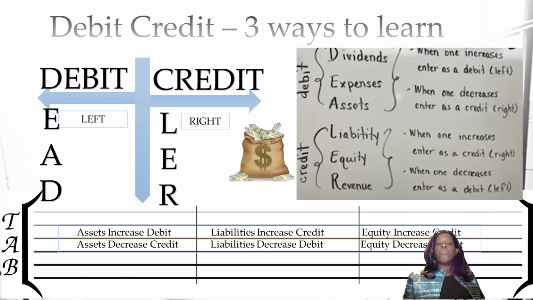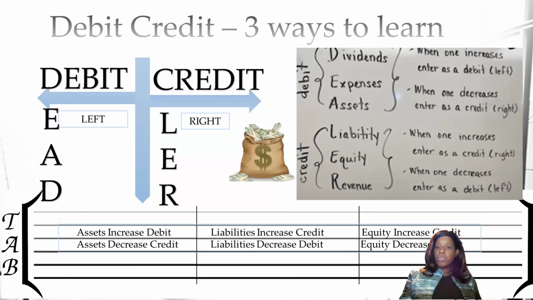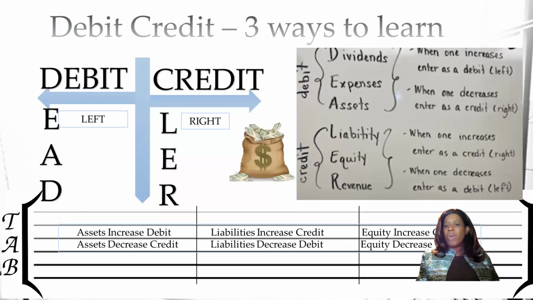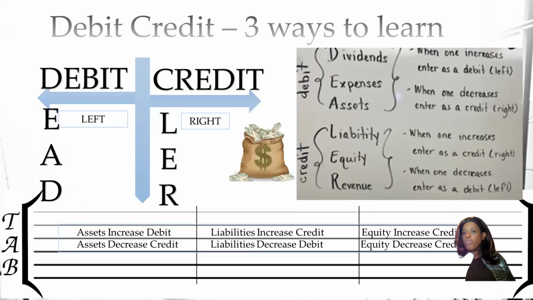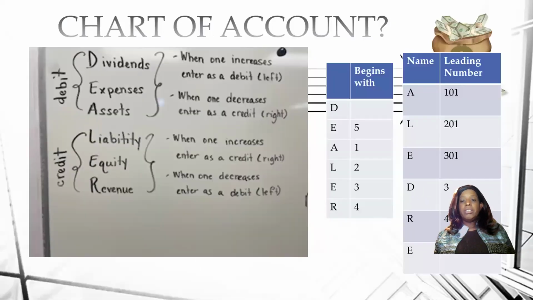But in the old way of learning it, we say assets increase with a debit, assets decrease with a credit, liabilities increase with a credit, liabilities decrease with a debit, equity increases with a credit, equity decreases with a debit. So each person may want to learn this any way they choose. But most of us will do what? Make notes. Everyone makes notes when they're doing accounting, because a lot of this, you will need to do over and over again.